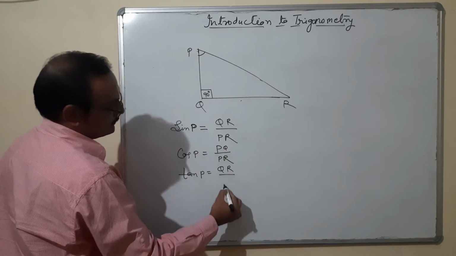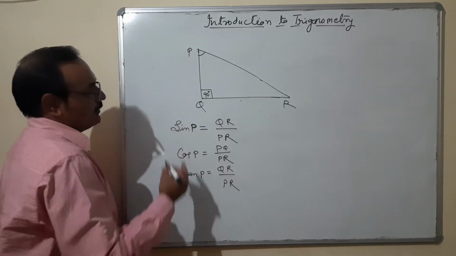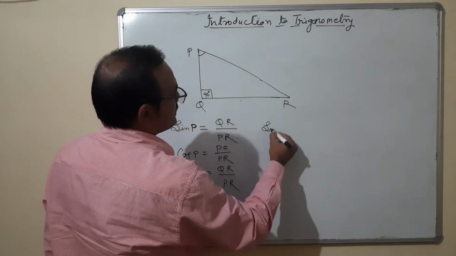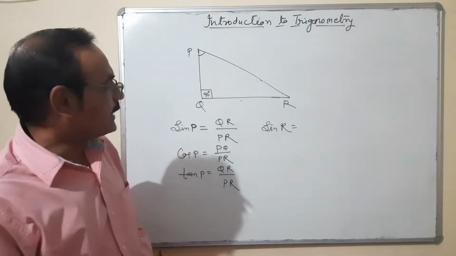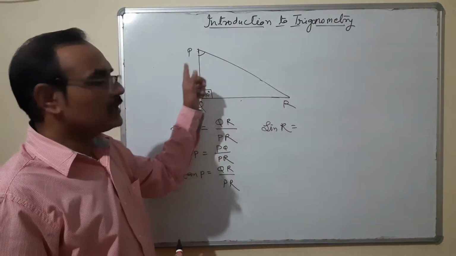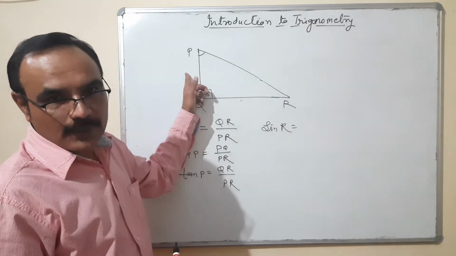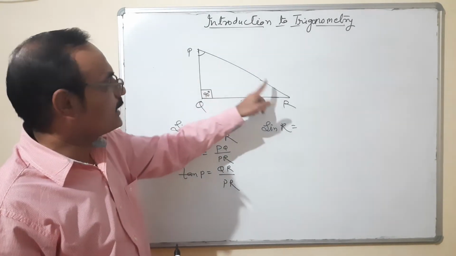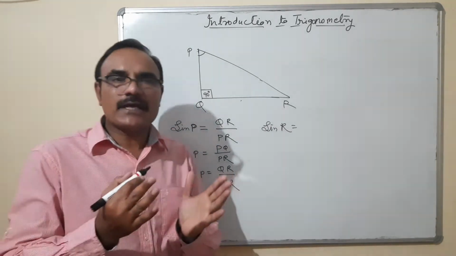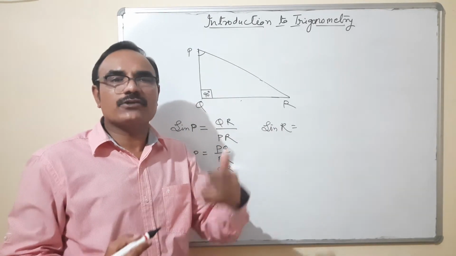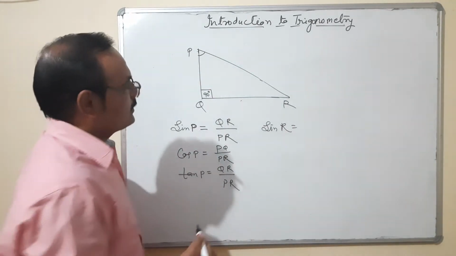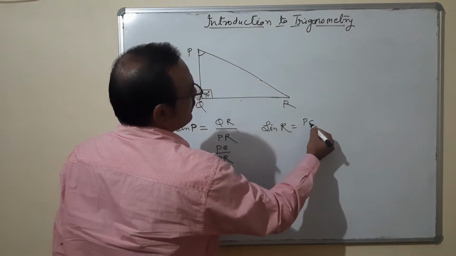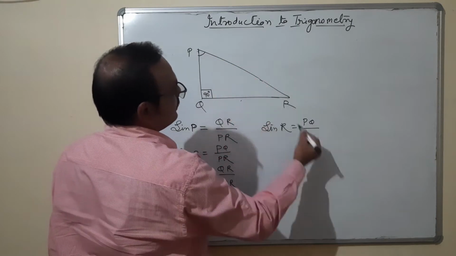Okay. If I would like to ask you, what is the value of sine R? Which angle? R is this, so its opposite now is the perpendicular. The opposite side of the angle is always treated as the perpendicular. So I'll write PQ upon hypotenuse, that is PR.